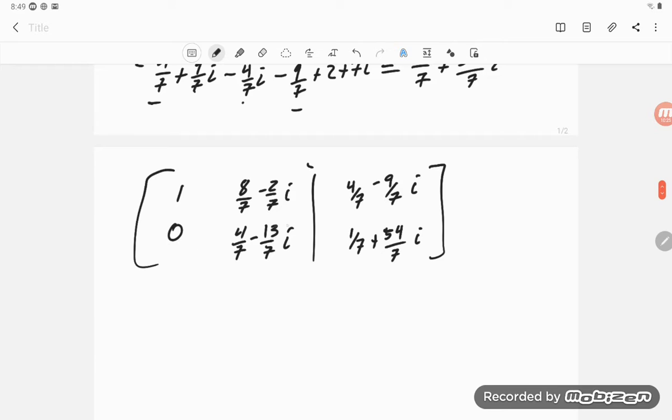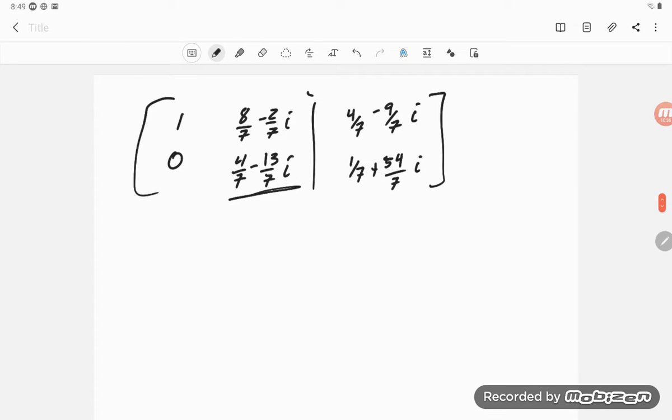Okay, so now I'm going to multiply through by the multiplicative inverse of our number here to get a 1. And so that multiplicative inverse, I'll do my calculations. Remember, the multiplicative inverse is just the conjugate of that thing divided by its magnitude, actually squared.